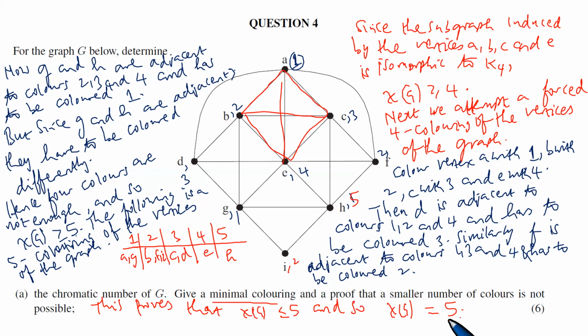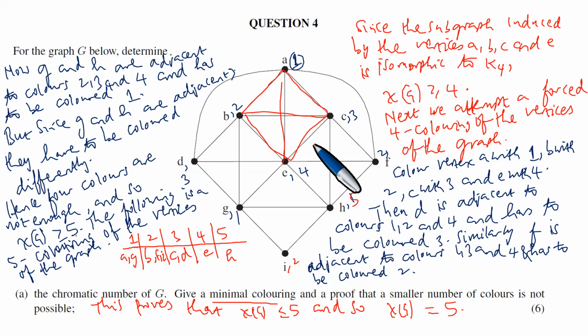But we have also, so we have the chromatic number of G, and we have given a minimal coloring. We notice therefore that first and foremost, because this one is isomorphic to K4, the coloring is at least 4.